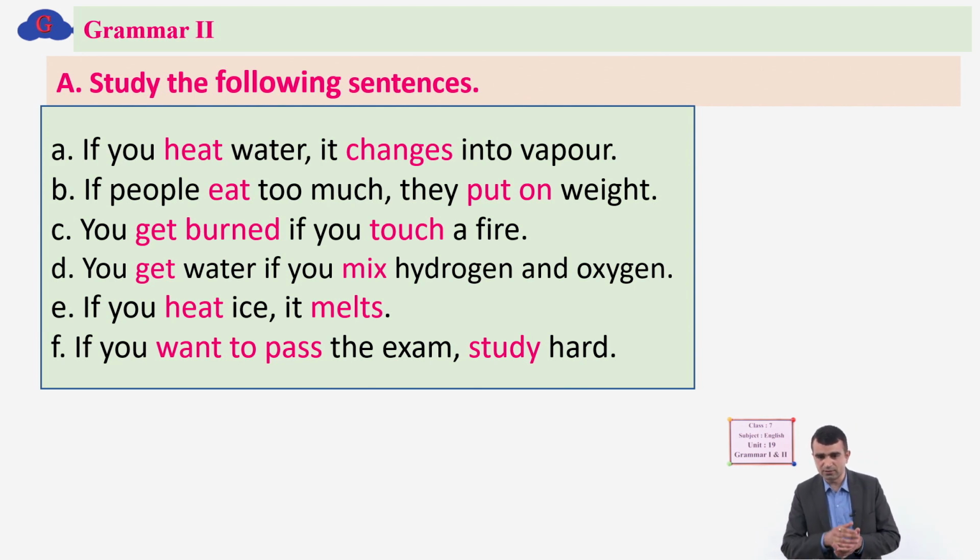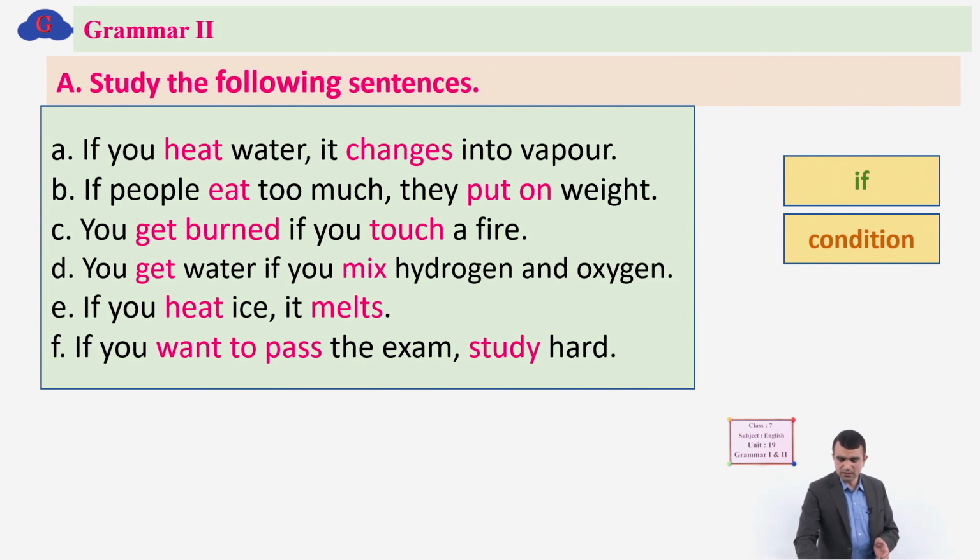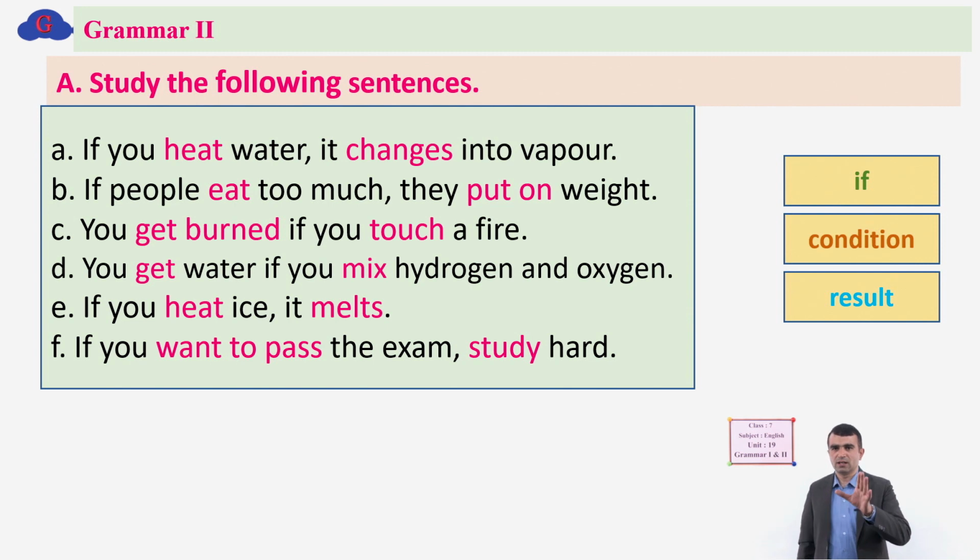Okay, good. Now from these examples, you can see that in all these sentences there is if, one thing. Next, condition. Third thing, result. If, condition, result.